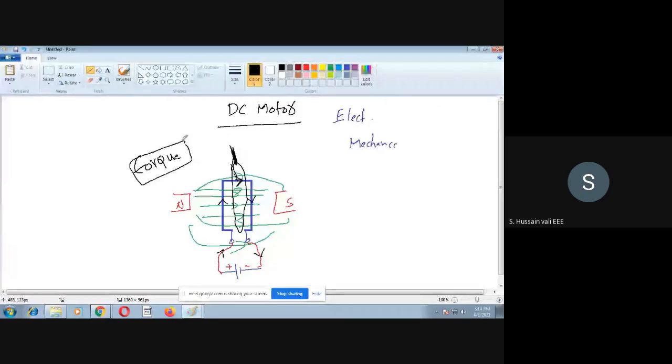Once again you will take the help of Lenz's law and Faraday's law. These are very common here. Okay, Lenz's law, Faraday's law.